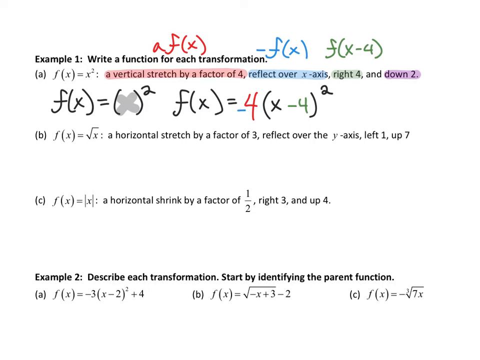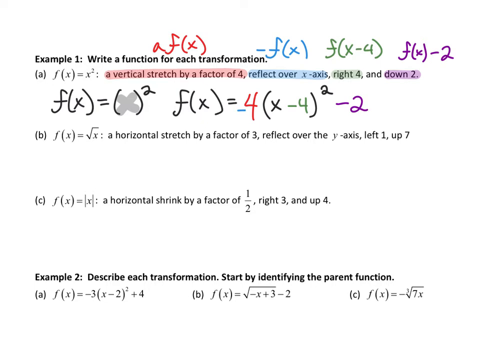And by its formula, to move something down 2, I'm going to take f of x and move it down 2. Done. f of x equal to negative 4 times (x minus 4) squared minus 2 has vertically stretched, reflected over the x-axis, and translated horizontally and vertically that quadratic parent function.